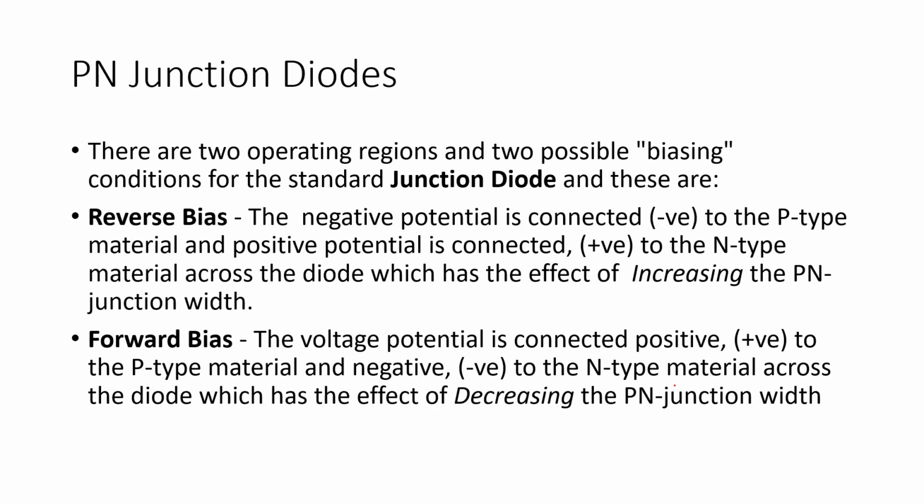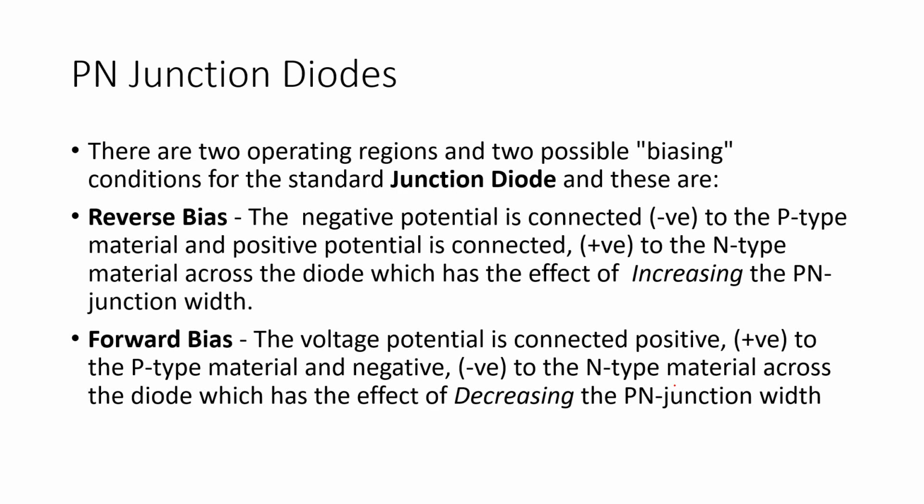So if you hear the terminology biasing, it's really talking about how the current is connected to the diode. One type of operation of a diode is what we call reverse bias operation. Then there's also another operation we call forward bias operation.